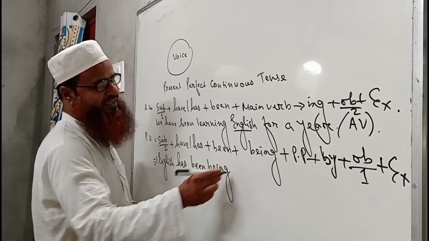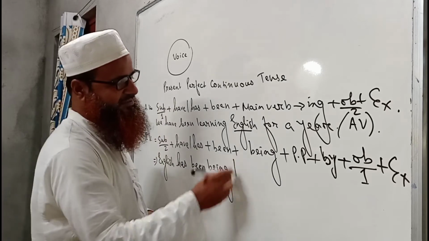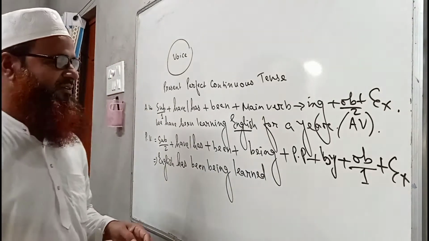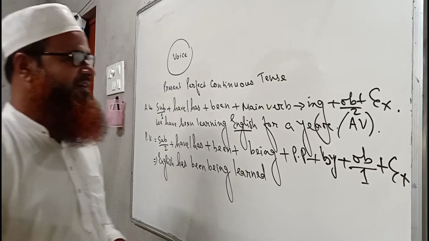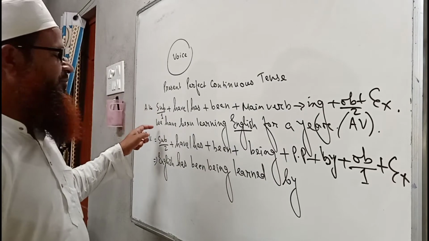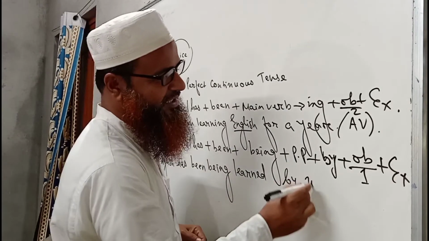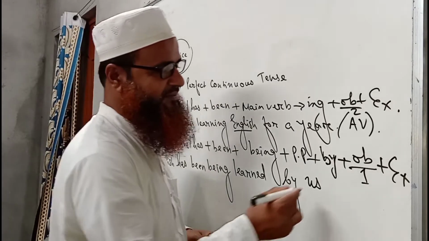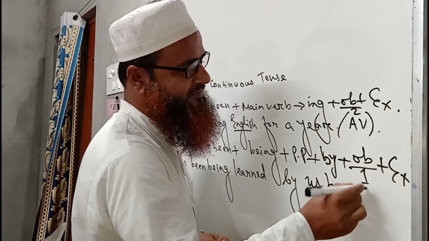The English has been being learned. The past participle form of the verb learning is learned. English has been being learned by, the object form of we is us. So English has been being learned by us for a year.